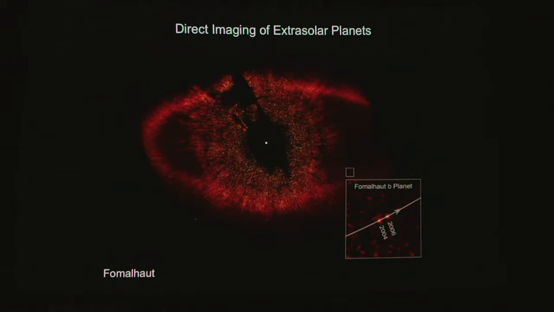And this is an image taken with the Hubble Space Telescope of a star known as Fomalhaut. Fomalhaut was observed at two different times, and they're able to inspect that patch right around the star.